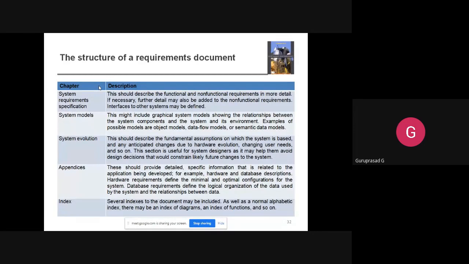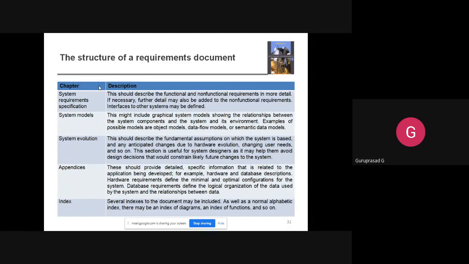So we are going to describe functional and non-functional requirements in more detail. Then we have the models, because we need to include graphical models which show the relationship between the system components. I'm going to show you, the requirements can also be stated graphically. One way of representing requirements is in natural language, that is English, but that may always lead to ambiguity.